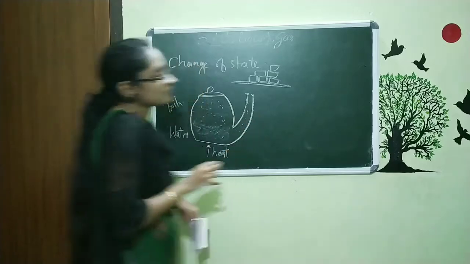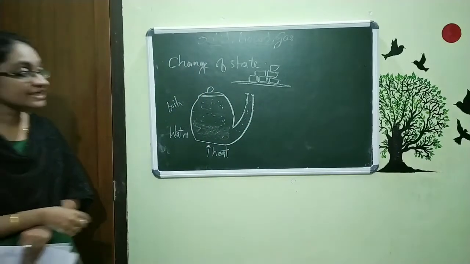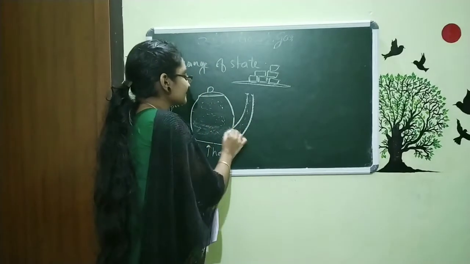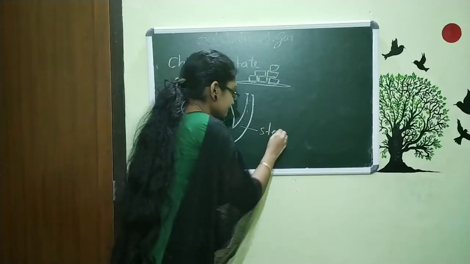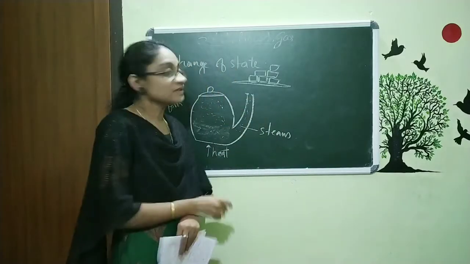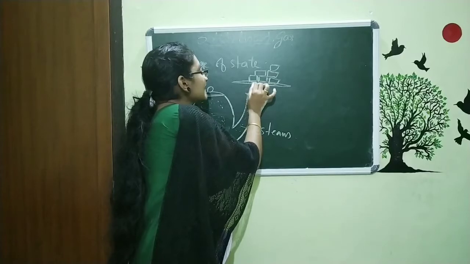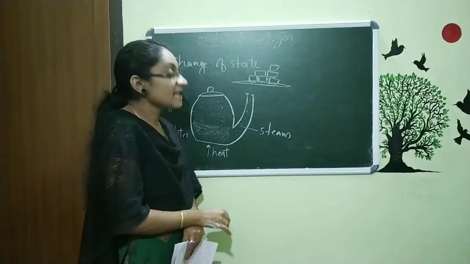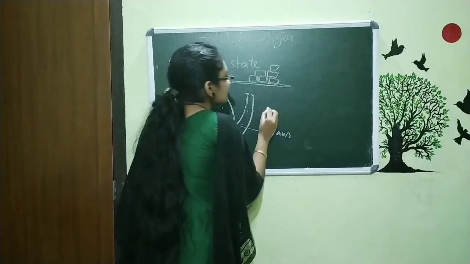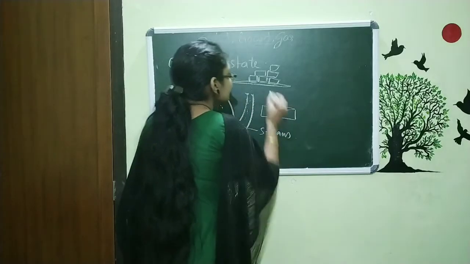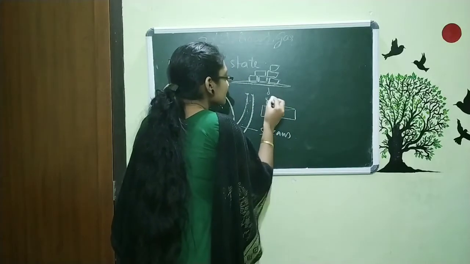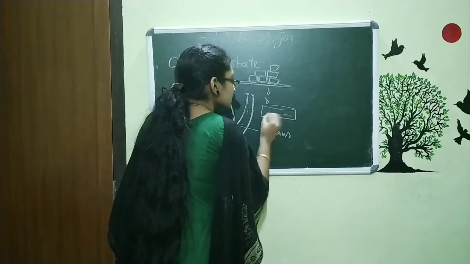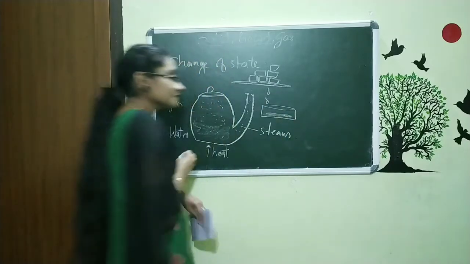And then what you can see is that here we already said that the steam or the vapor comes through this, and that will hit on this lid, and here we are keeping some ice cubes. And then you can see when we are putting one beaker here, the water droplets just fall on this beaker.